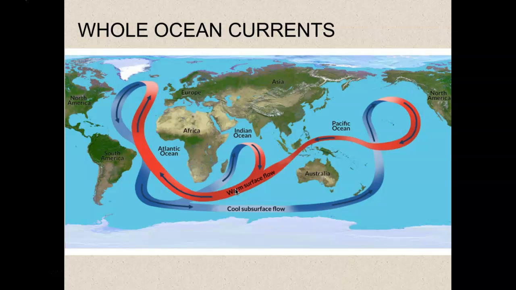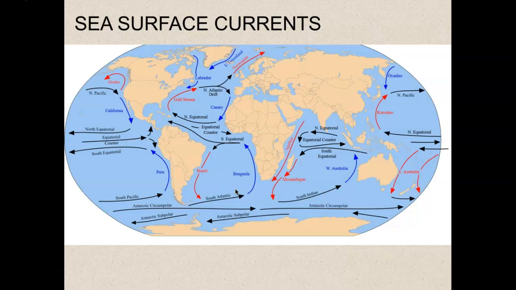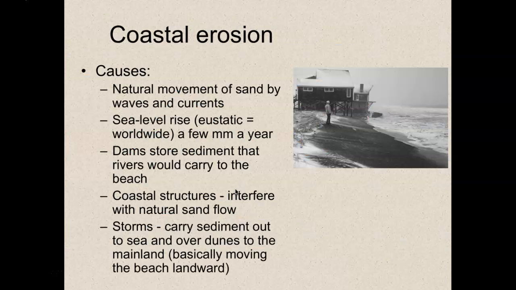So these currents are deep water currents. They go into the depths of the ocean, and they are going to be driven by density differences between those warm and cold waters. So whole ocean currents versus the sea surface currents.